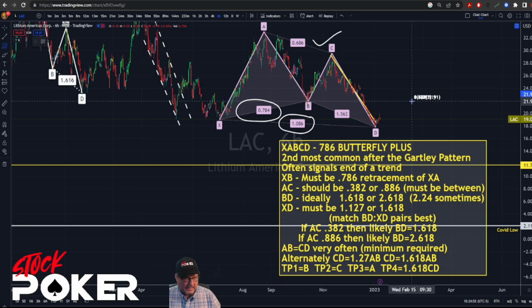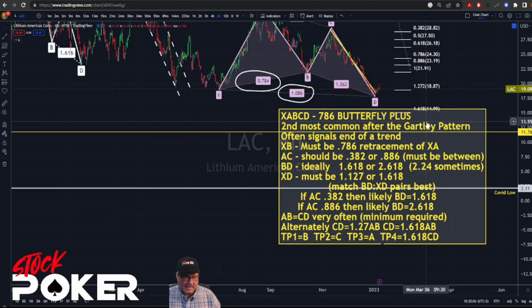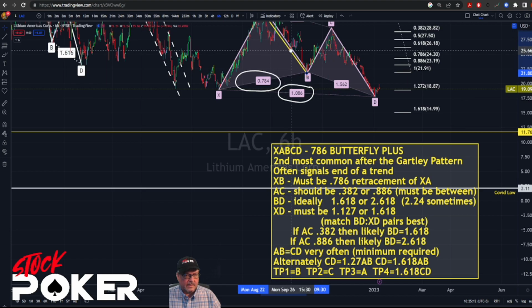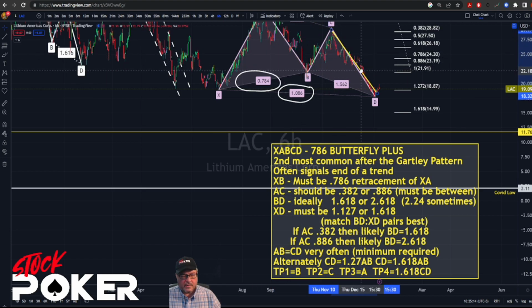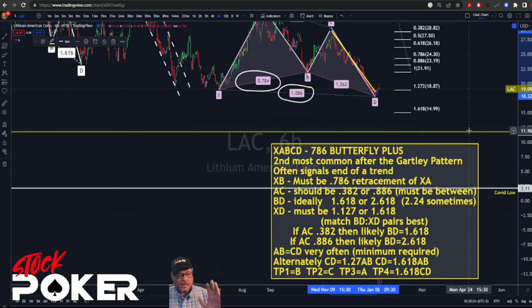I'll put it out here to the side, and you're actually going to draw it backwards. And you can see sometimes it's the 127 or the 1618 of the AB leg, which, if you discount wicks, we're kind of there, or it could potentially go down a little bit deeper.